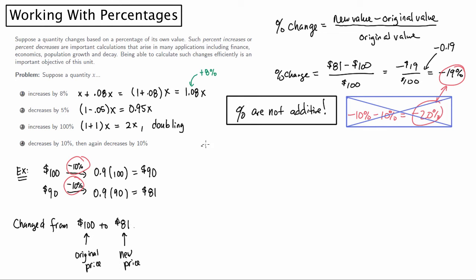So instead, percentages are multiplicative when determining rates.